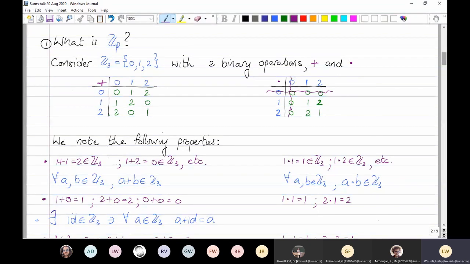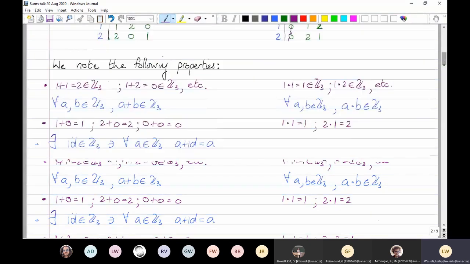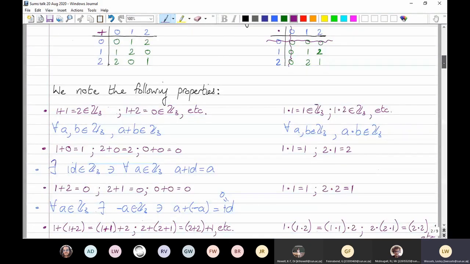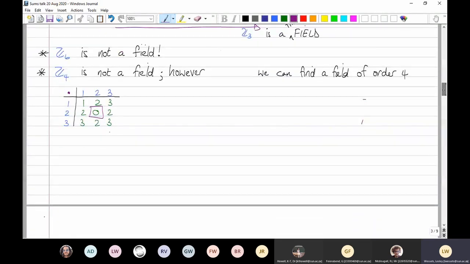Within a row or within a column, you don't have a repeat of a particular element. An element only occurs once in a row or in a column, and this is not the case for Z4. And then also you can see that 2 does not have an inverse element.